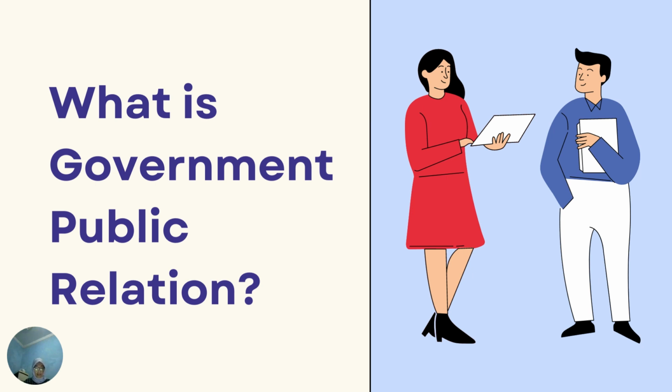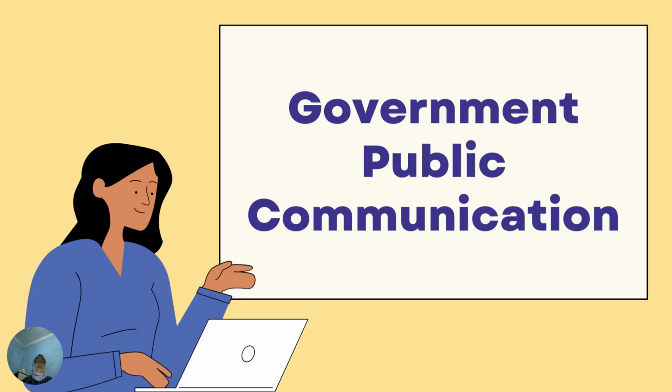Examples of this aspect of government public relations include reporting to the public on agency activities as a way of contributing to an informed public, disseminating information as a prelude to citizen participation in agency decision making, and listening to public opinion. So, next to the first topic, that is government public communication.